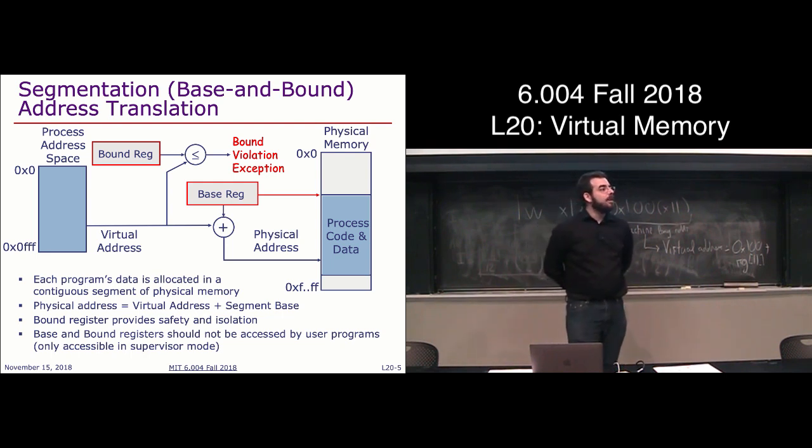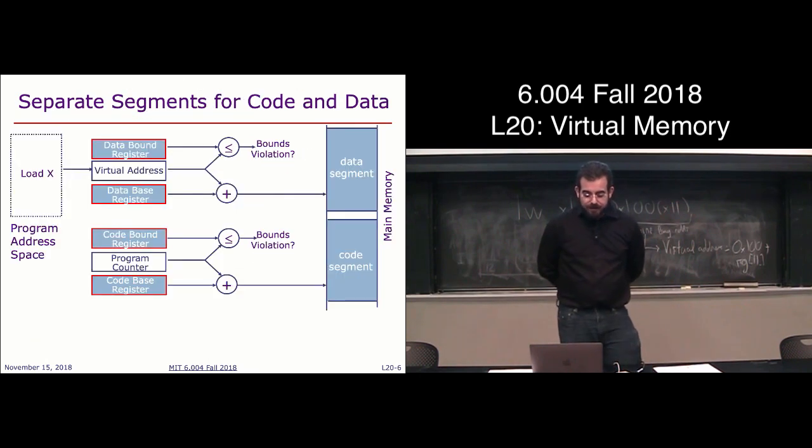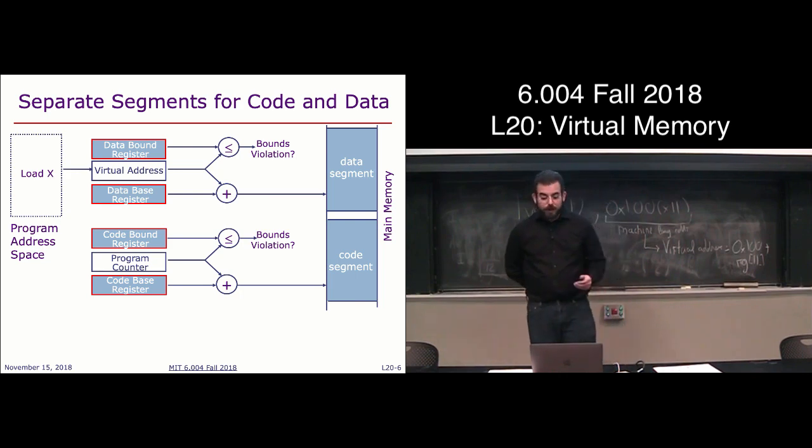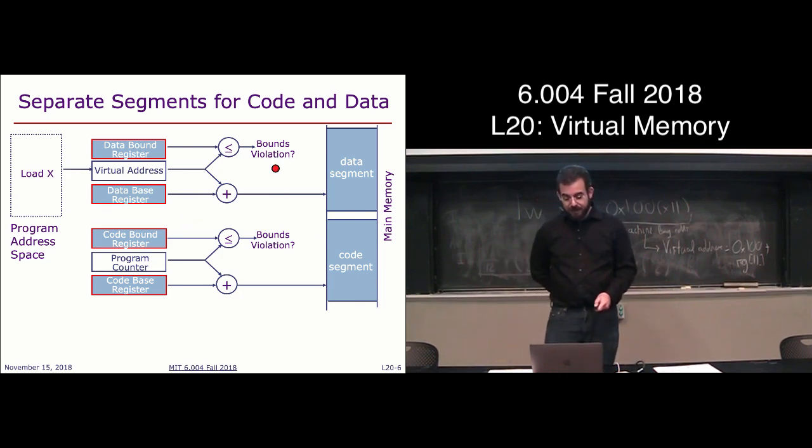Okay, any questions? All right, so let's see a slight extension of this technique, which actually starts having some interesting features. Suppose that instead of having a single segment for each program, we have two segments: what we're going to call the code segment and the data segment.